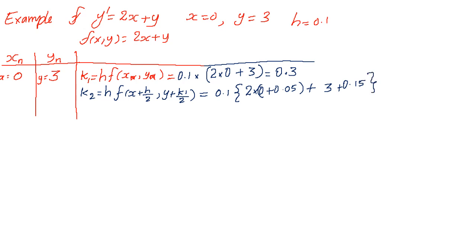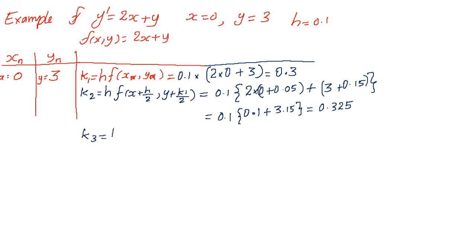So the function value is 0.1 into 2 into 0.05, which is 0.1, plus 3.15. Adding, you will get 3.25, and multiplying with 0.1, we get 0.325.